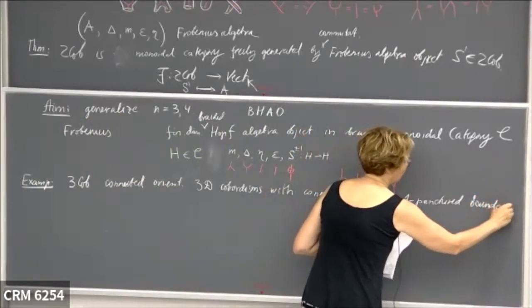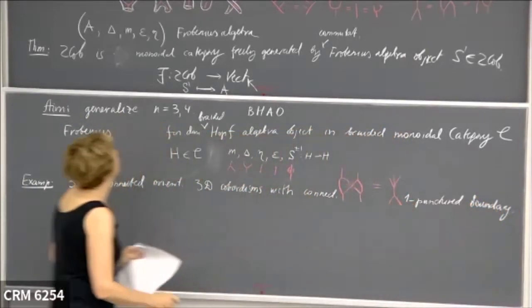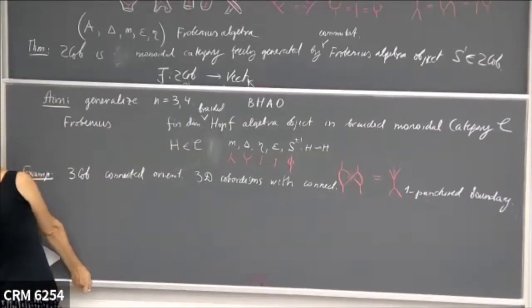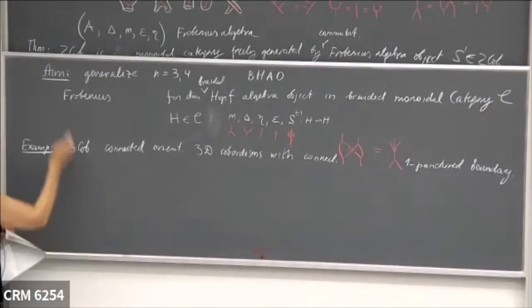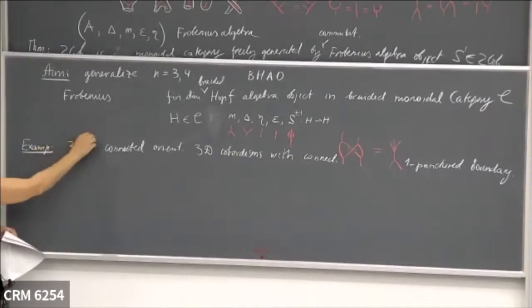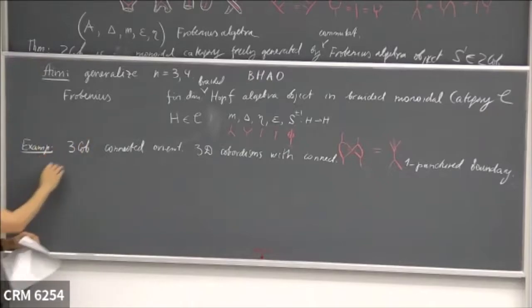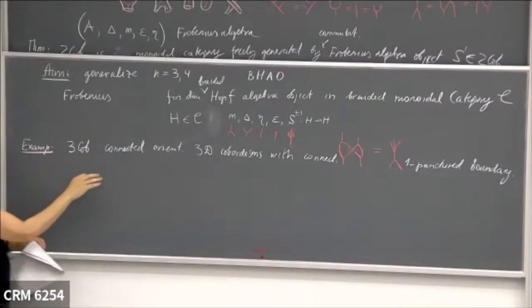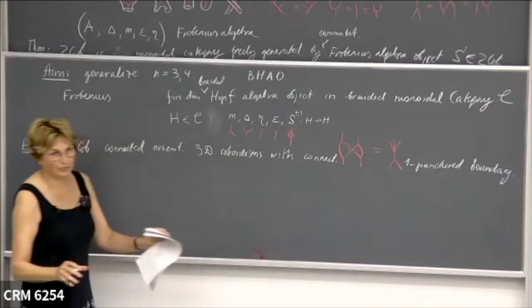It's not the most usual case, but it's a huge piece of the category I mentioned before. Sometimes people put in disconnected boundaries, but I will just work with this category of three-dimensional cobordisms, so I'm not allowing disconnected boundaries.